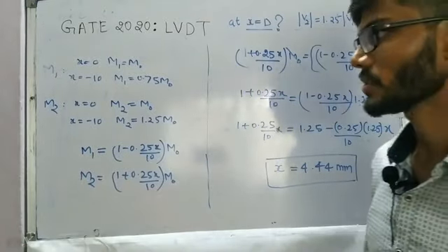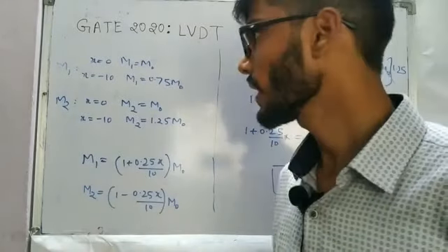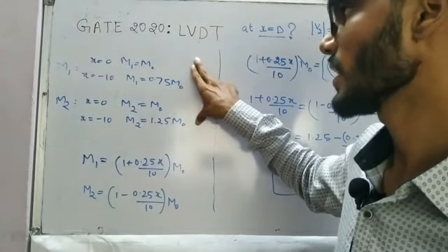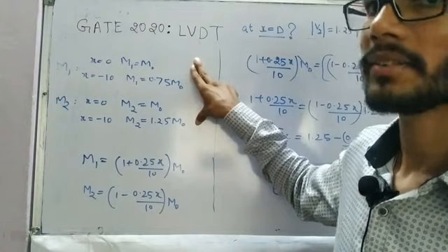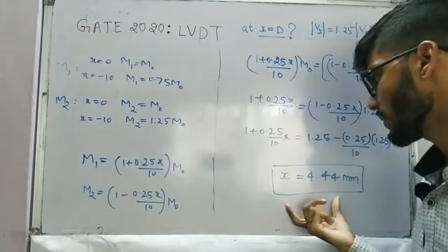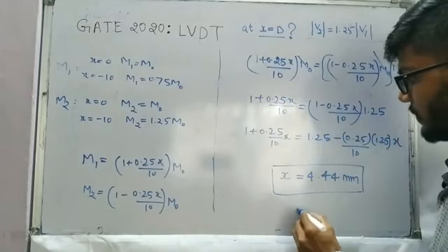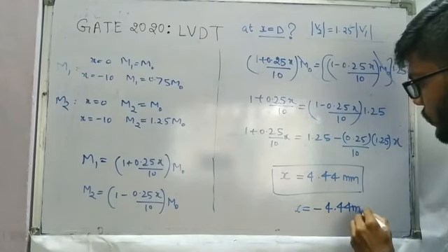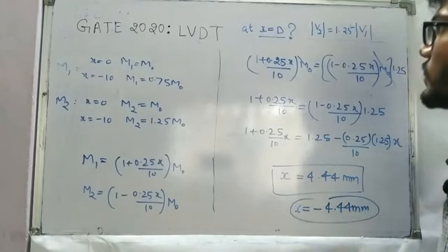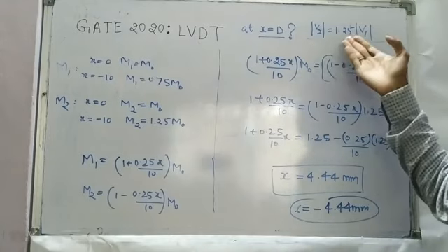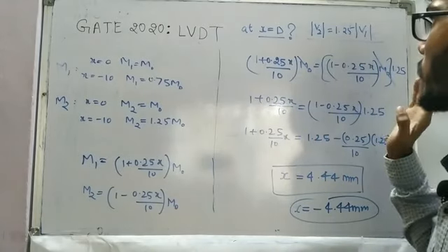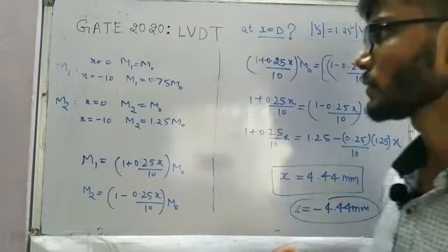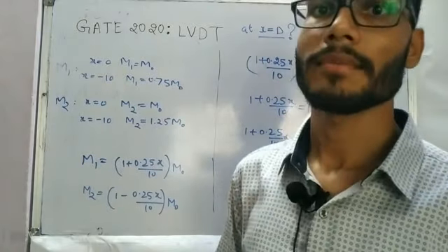So this was the concept, and now you might be wondering that I have taken the situation as displacement in the negative direction, so whatever x is coming, it should be negative, right? So the answer should be x equal to minus 4.44 mm, because the output voltage V2 is 1.25 times V1, so M2 is 1.25 times M1.